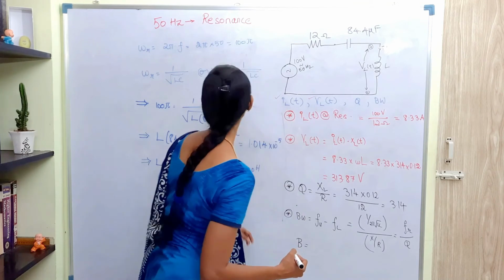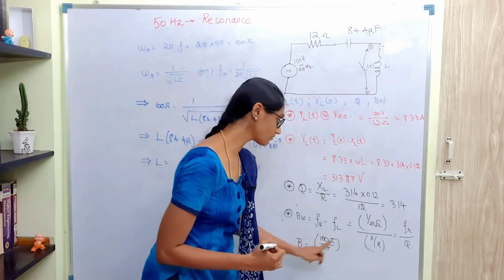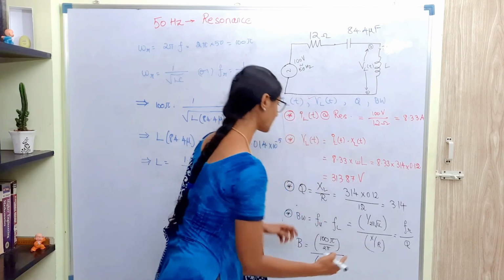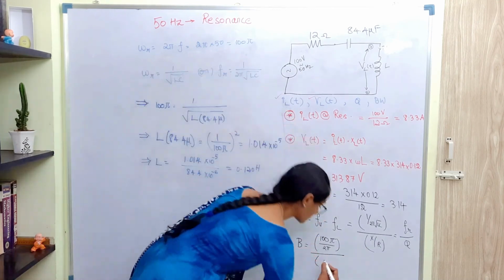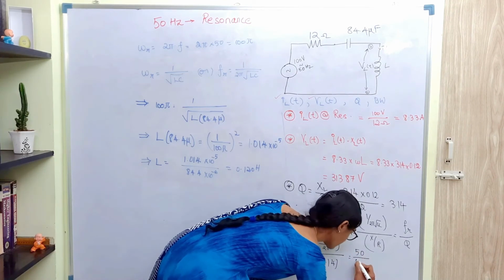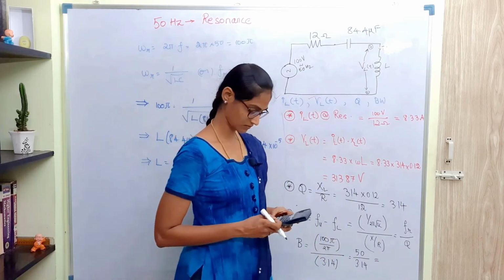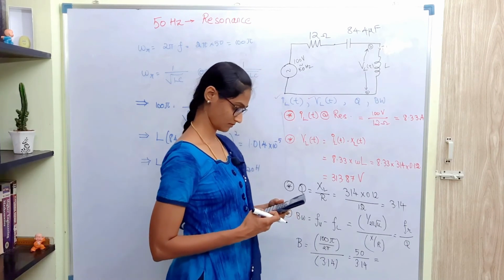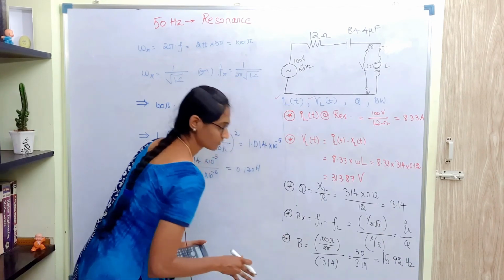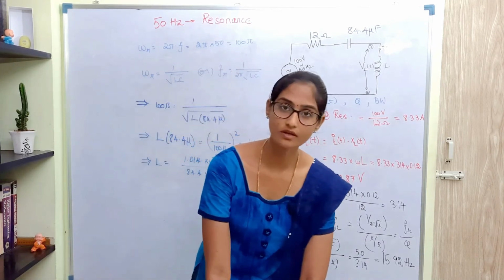So the bandwidth will be the resonant frequency 1 by 2 pi root LC divided by X by R or the Q factor, which is 3.14. So 100 by 2 is 50, 50 divided by 3.14, which is the value of the bandwidth that we have got, which is 15.92.